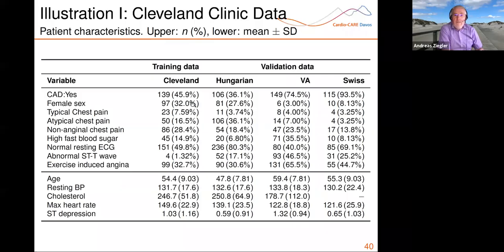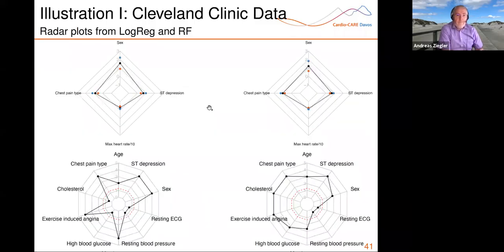When you look at the sex ratio, it's about 1/3 females in the Cleveland data, but substantially fewer females in the validation data. So we have some covariate imbalance. So I expect that the Elkan approach doesn't perform well because this requires identical covariate distribution, for instance.